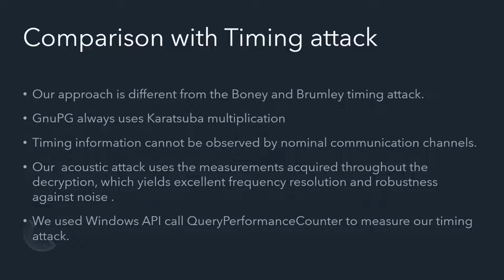Next point: timing information cannot be observed by a nominal communication channel, which is very much appreciated for our topic. And our acoustic attack uses the measurements acquired throughout the decryption, which give excellent frequency resolution and robustness against noise. And the last part is we used the Windows API called QueryPerformanceCounter to measure our timing attack comparison to the GNU-PG attack.